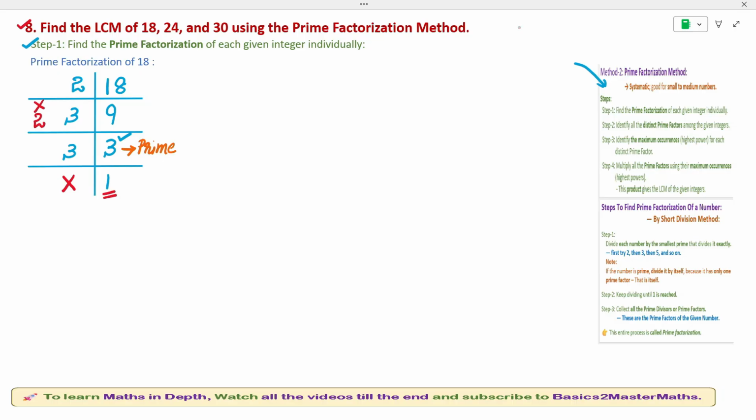Finally, collect all the prime divisors. In this case, they are 2, 3, and 3. So, prime factorization of 18 is 2 multiplied by 3 multiplied by 3. Got it?